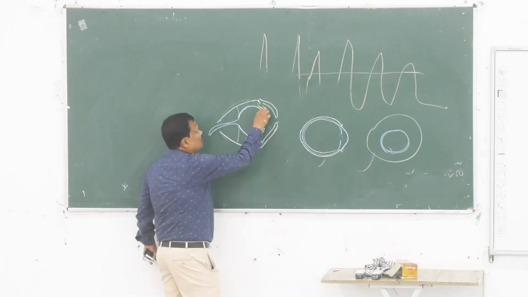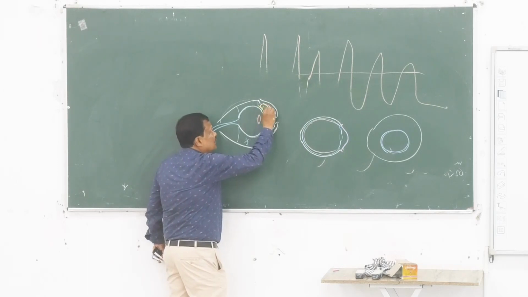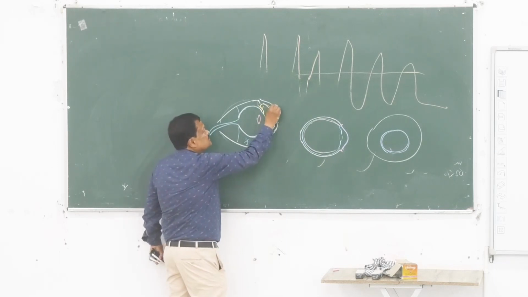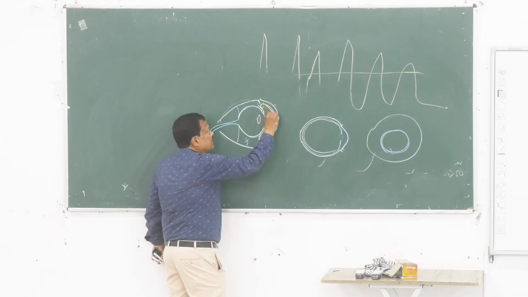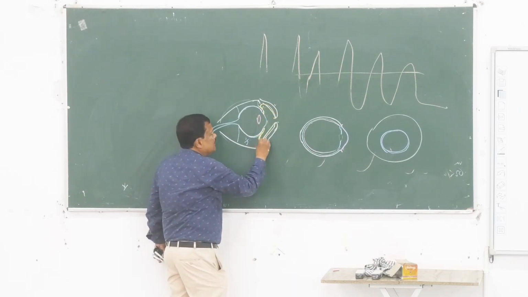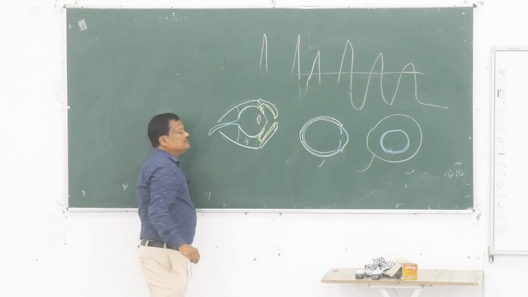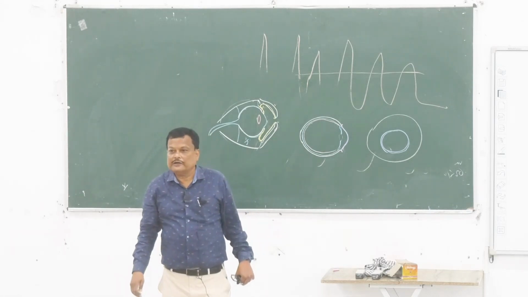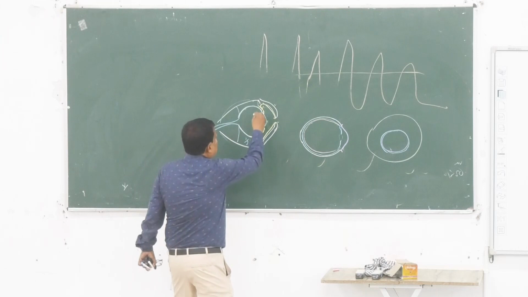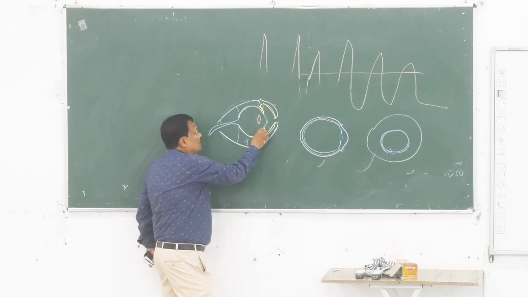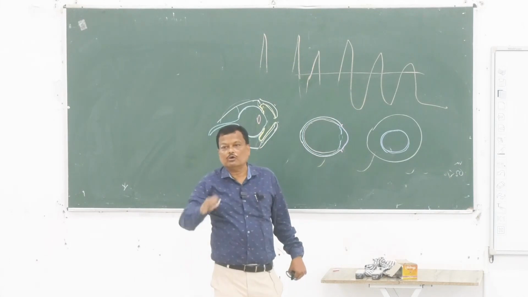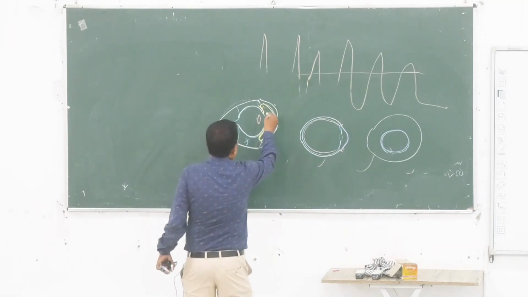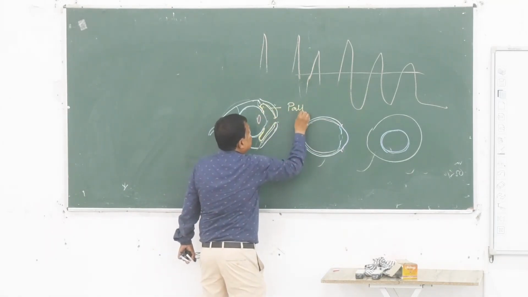এই যে আমি ইয়েলো কালার দিয়ে কনজাংটিভা আঁকছি, ভালো করে শোনো। This conjunctiva is continuous with the inner surface of the eyelid, like a mucous membrane, like the membrane of the jejunum. It covers the inner side of the eyelid, and this conjunctiva which covers the sclera we call the bulbar conjunctiva, because it covers the eyeball, and this conjunctiva we call the palpebral conjunctiva.